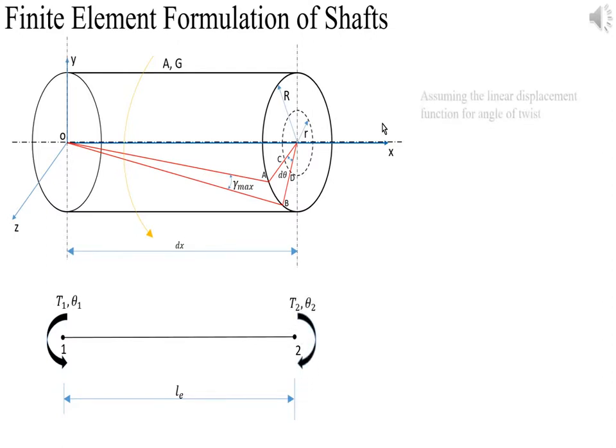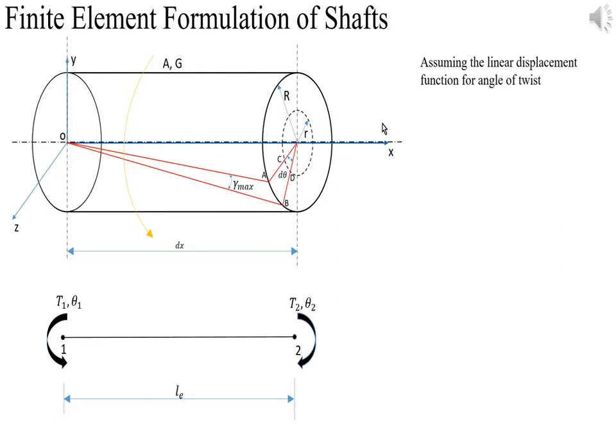You can see each node has only 1 degree of freedom, that is theta1 and theta2. Now let us assume a linear displacement function for angle of twist. So here angle of twist is the field variable for a bar subjected to torsion, whereas for a bar subjected to axial force, the field variable is u or q.